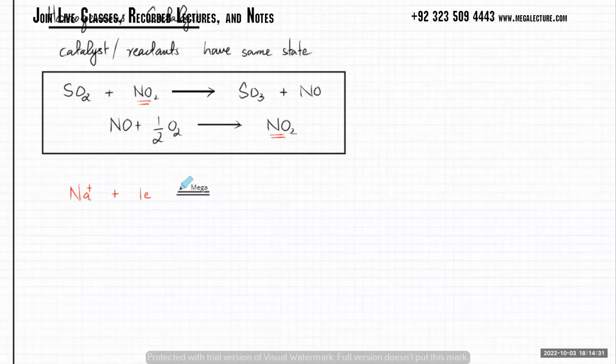The E naught is minus 2.71 volts. A highly negative or very low potential, if you remember something about electrochemistry, indicates that sodium likes to lose a lot of electrons, and that is the only thing.